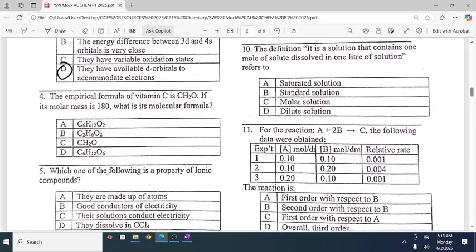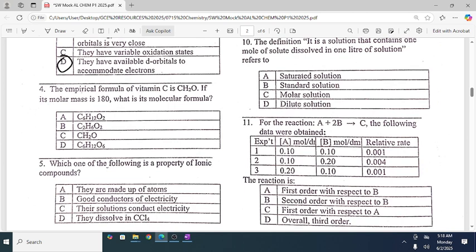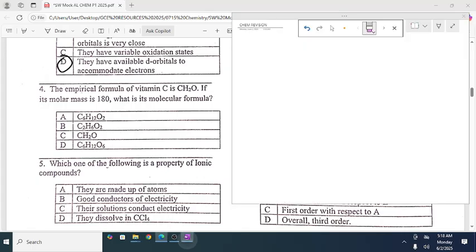Now question 4: the empirical formula of vitamin C is CH2O. If its molar mass is 180 grams per mole, what is the molecular formula? I remember what we usually do here is calculate the relative molecular mass of the empirical formula, and we equate it to 180, then we get the value of n, then we replace it back.